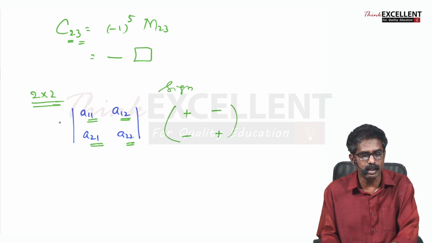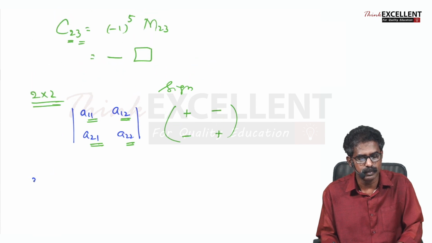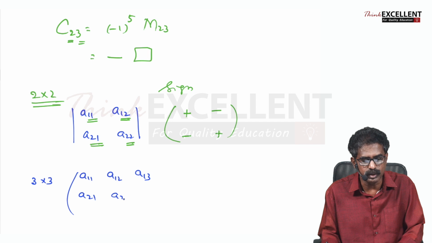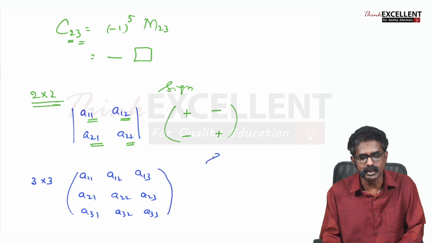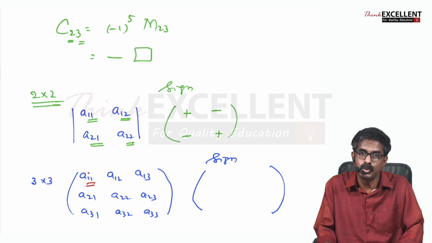Now let us see for 3 by 3. You know the positions a11, a12, a13, a21, a22, a23, a31, a32, a33, right? Now see the sign. You add the suffix and see. First, 1 plus 1, 2.